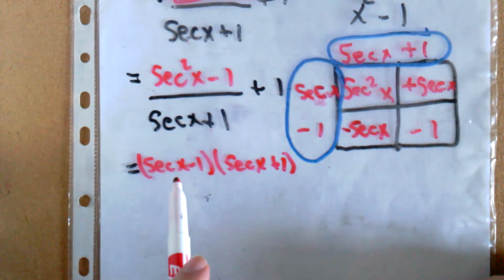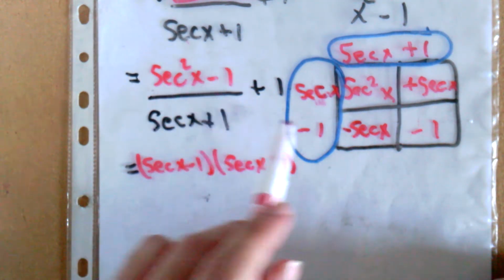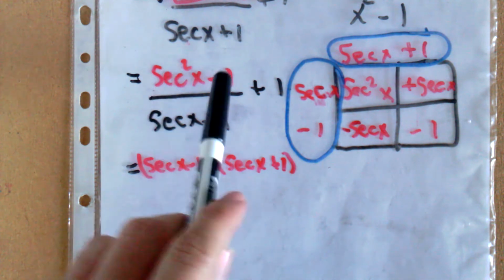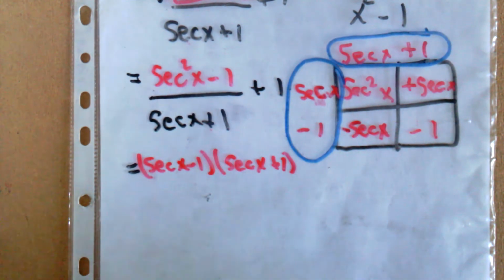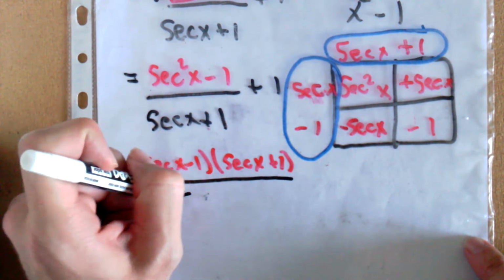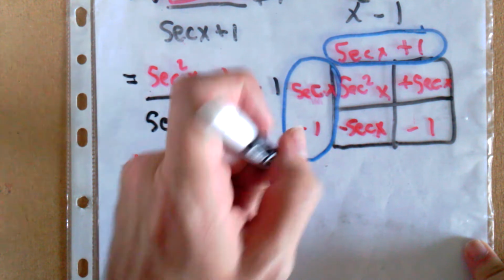Again, that's because secant minus 1 times secant plus 1 gives us secant squared minus 1. We just factored it. So I'm just going to rewrite that as this. And now we're going to divide by secant plus 1, and bring down our plus 1.